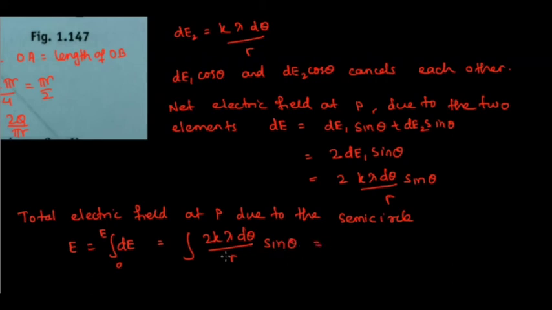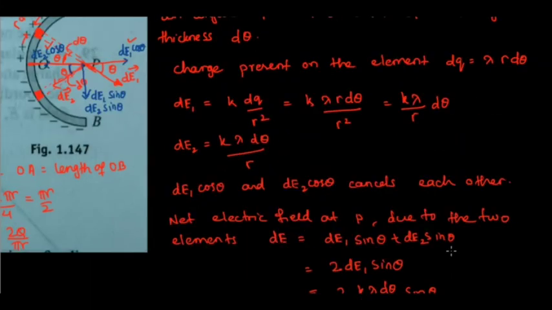Here I will take all the quantities which are constant outside: 2 is constant, k is constant, lambda is constant, r is also constant. So 2k lambda by r is taken outside, and I will integrate sin theta d theta.